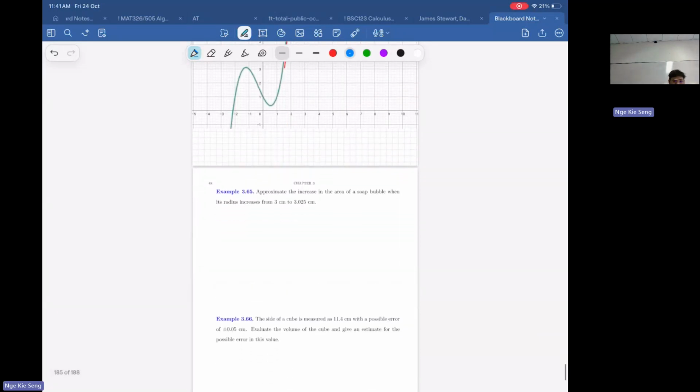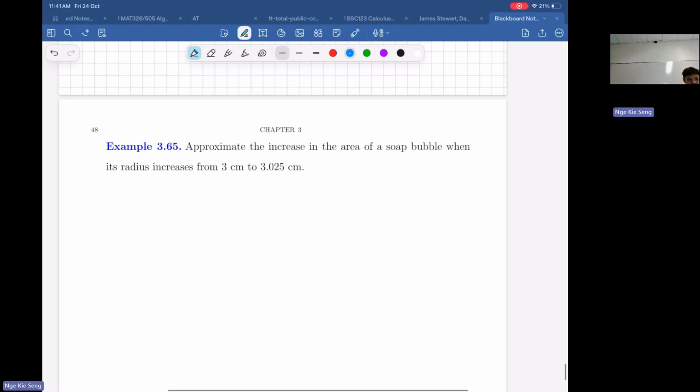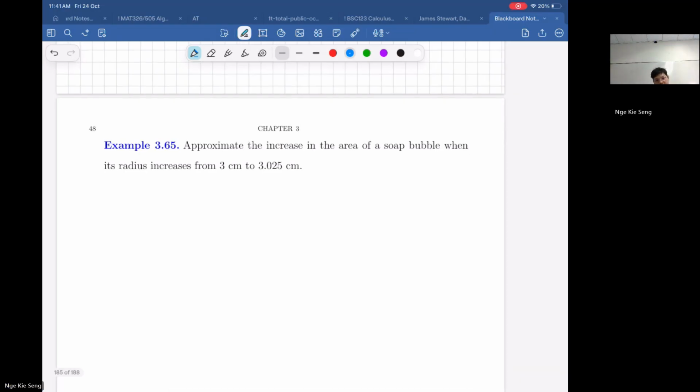Okay, how about the next one? How to apply this to real life. Let's say we want to approximate the increase in the area of a soap bubble. I think they are assuming it is spherical.